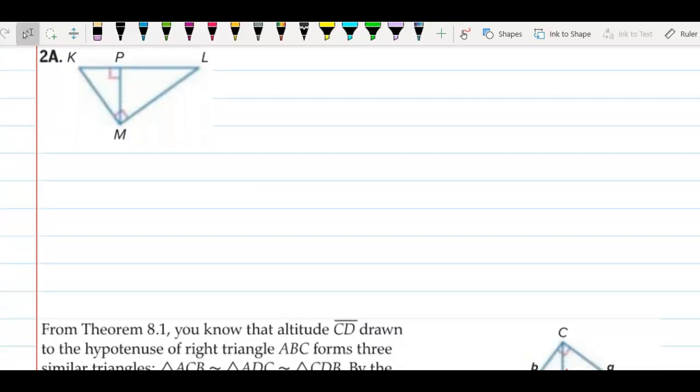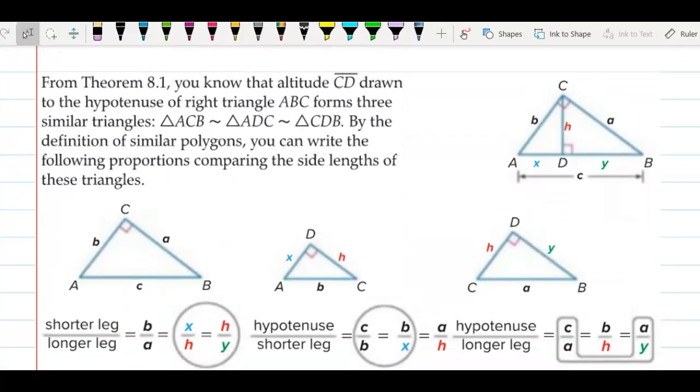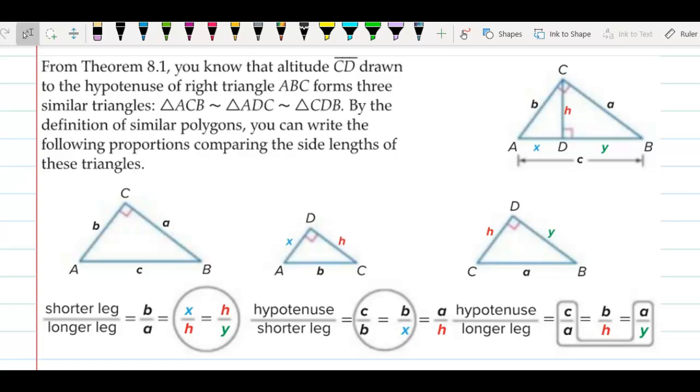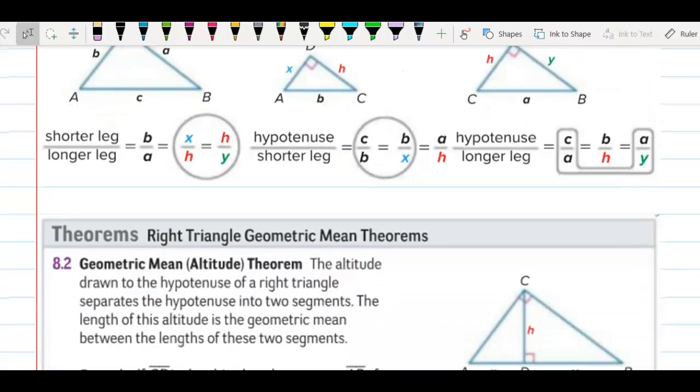Okay, so continuing on with the same idea, because these triangles are similar, all their sides are proportional to each other. Which then leads us back to the geometric mean. So this is tying in the fact that we have right triangles, we have that they're similar, so we write proportions, but in the end, we're really just going to find the geometric mean between two values.